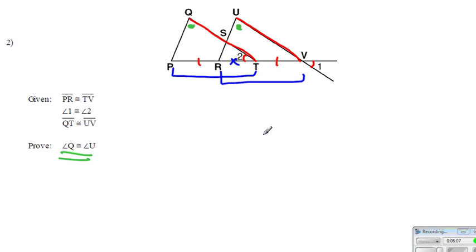Addition postulate right over there. Now, another thing is, since this angle is congruent to that angle, but angle 1 is in fact outside of the triangle RUV, by vertical angles, you will realize that this angle is also congruent to this one.